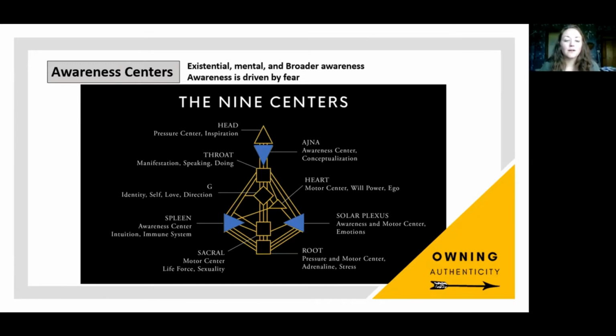Like I was reading, in the times of the zombie apocalypse, you need your friend with a defined spleen who, at a moment's notice, just knows how to survive, can immediately put the pieces of the puzzle together, take in all the information around you, and problem solve on the spot. It's like MacGyver. MacGyver probably had a defined spleen, I would guess. These are our survivalists.